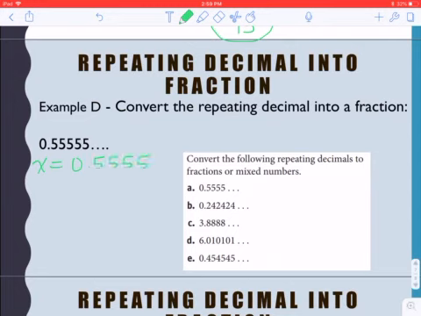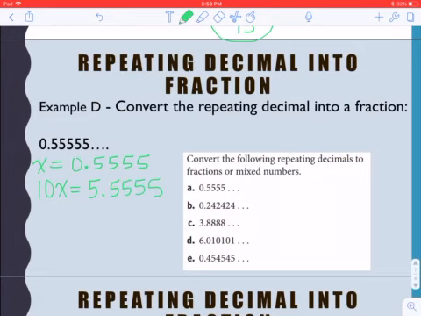I'm going to go just like 4 digits. Again, I want to move the decimal. I have to move it at least once to make this work, so I'm going to make it 10x equals 5.5555.